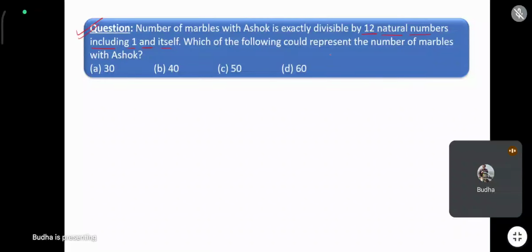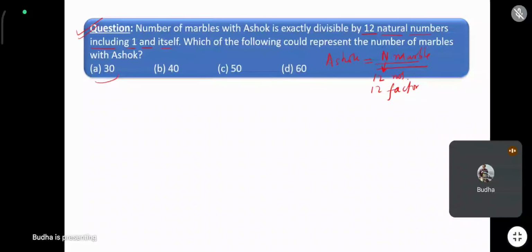Ashok has some marbles. Yes, sir. Now I don't know how many marbles there are, so I thought n is the number of marbles. Whatever value n comes to, there are 12 such numbers to divide it. So that means indirectly they are saying there are 12 factors.